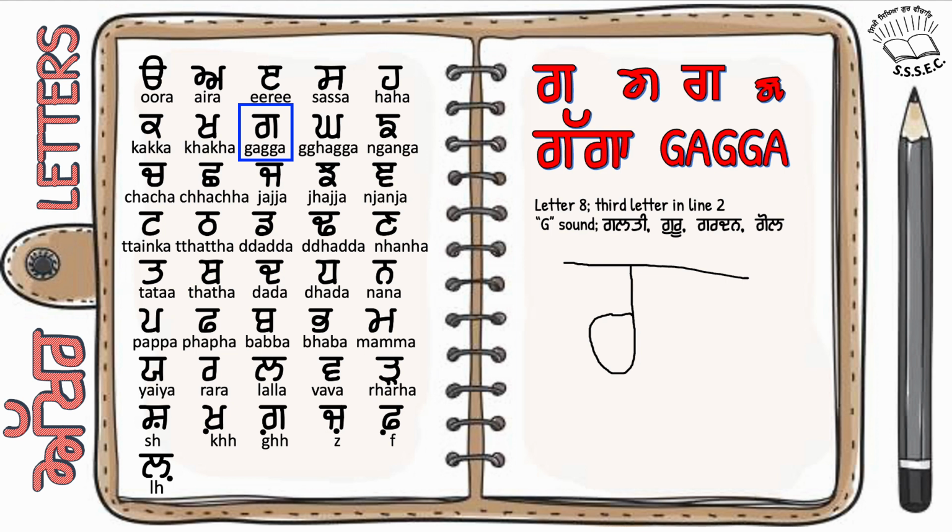And then there's a vertical line coming down. And if you had joined that in the middle, that would make the letter sasa. But because you've not joined it, it's two separate shapes. This little line down with a loop that closes, and this vertical line that makes the letter gaga.